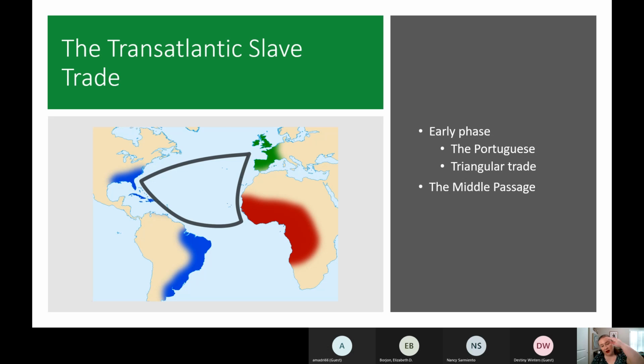And then those raw materials would be shipped back to Europe for consumption. Okay, so that's what we call the triangular trade. It's a little bit of a wonky triangle, but it's still a triangle.